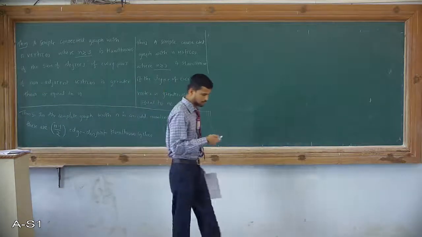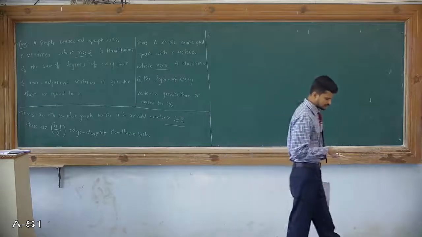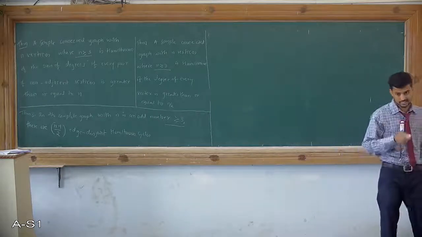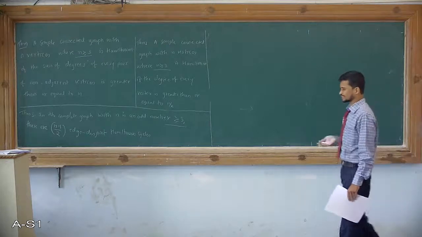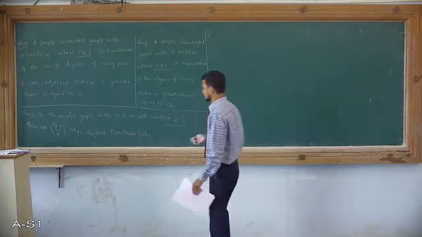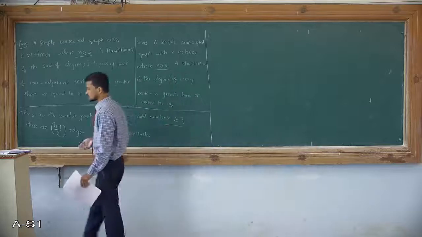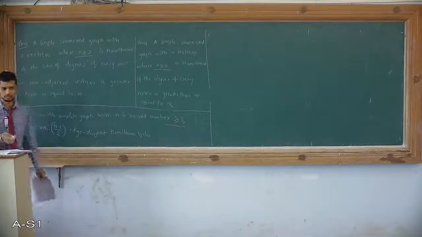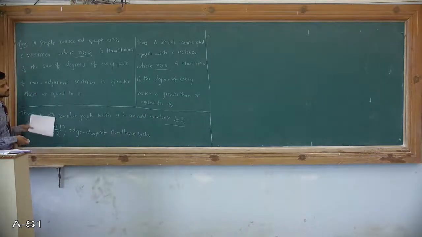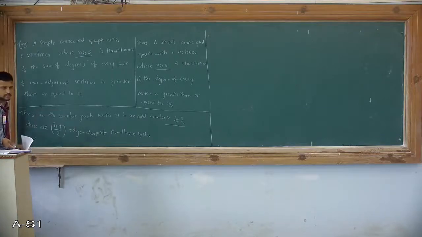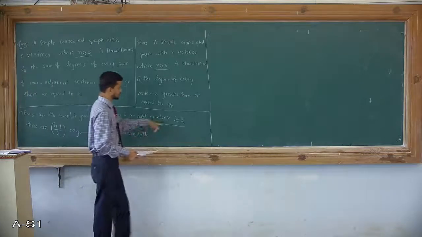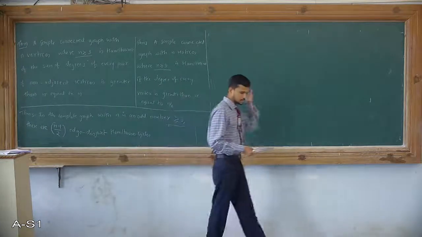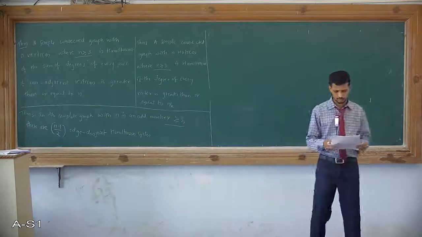If you have two vertices, we can't develop a cycle in a graph. So the minimum number of vertices required to have a Hamiltonian graph or a cycle is 3. Therefore, in every example, we will always deal with n greater than or equal to 3.